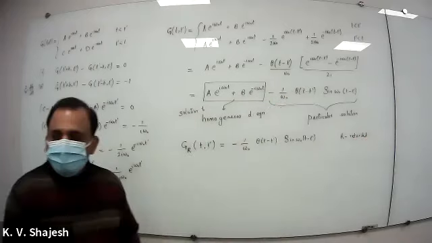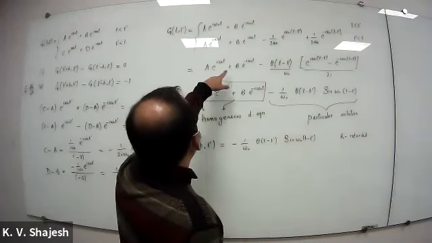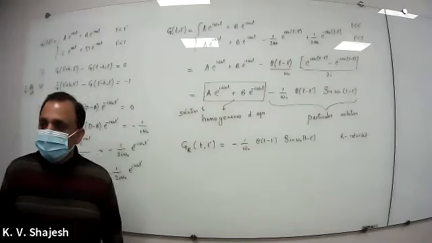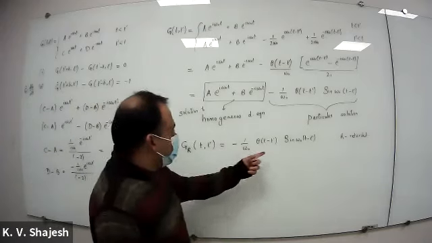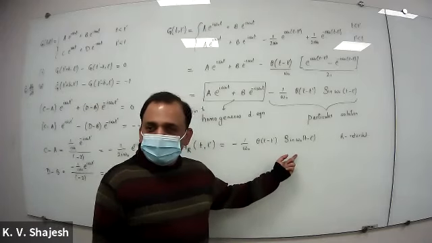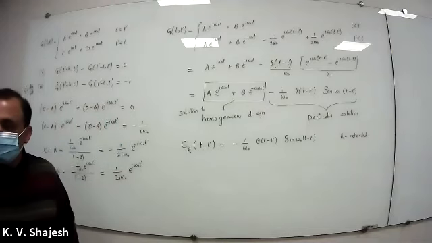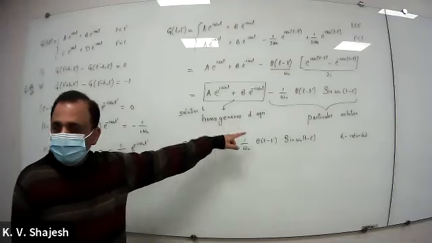Now you're right in the point that, if I had not solved for C and D, and instead had solved for A and B, I would have got a different solution. Yes, that's correct. You would have got a different solution, and that's perfectly fine because Green's functions are particular solutions. Particular solutions are always off by a homogeneous part.